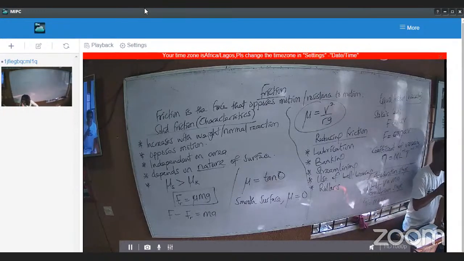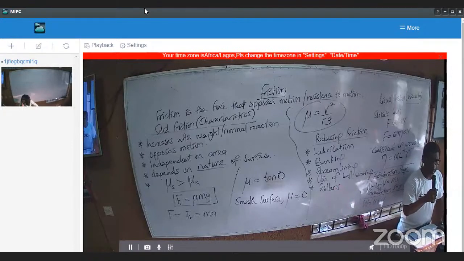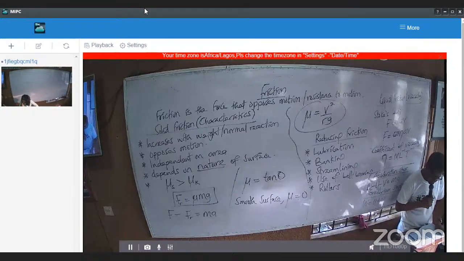A motorcycle of mass 20 kg moves round in a circle of radius 8 meters with a velocity of 4 meters per second.